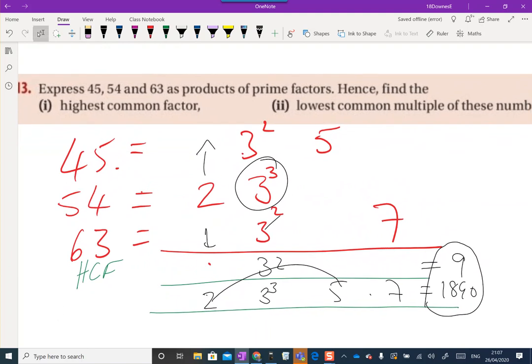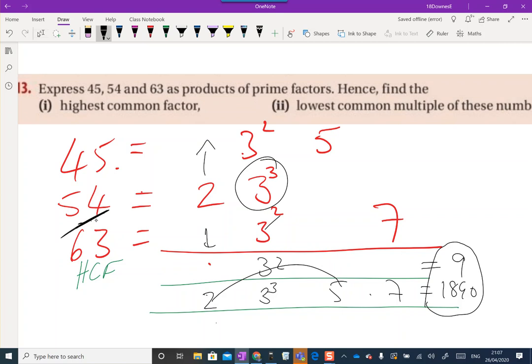Mine, 630. Made a mistake there. That should have been 630. What happened? I had a 2. That was 54. I think this cost me not to go into the calculator.